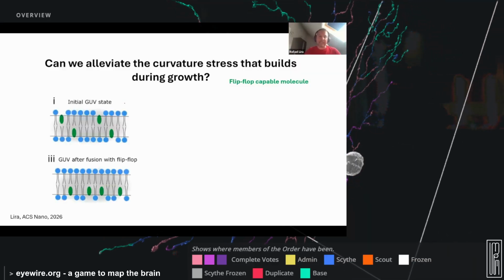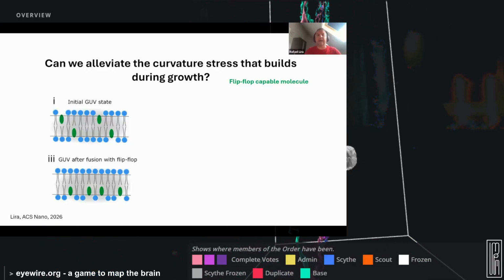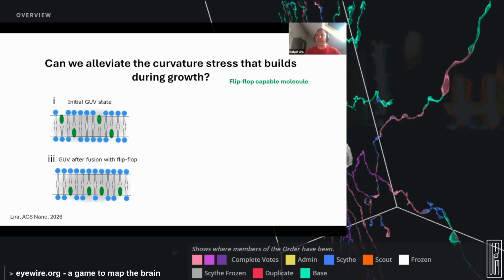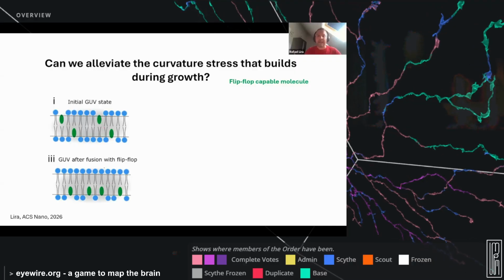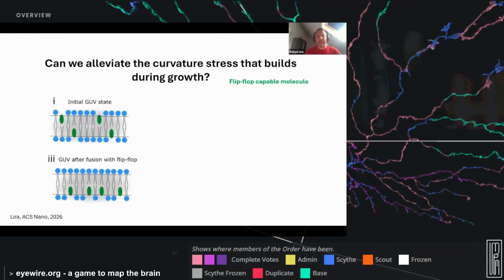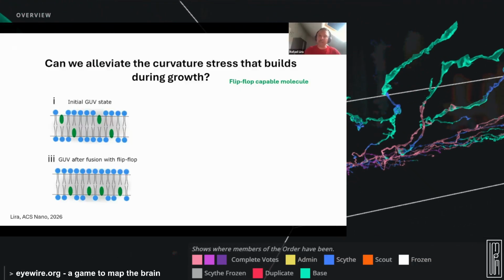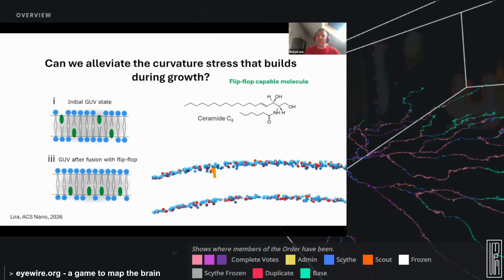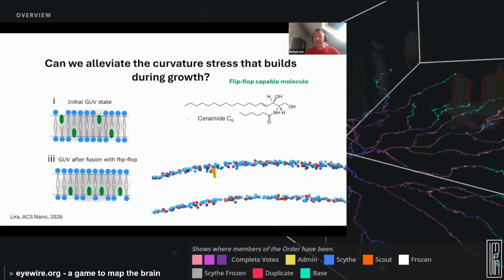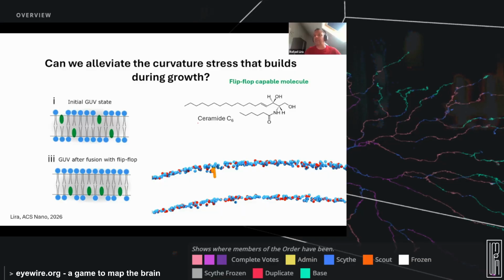So the situation that we expect is that the GUVs, which are initially flat, will have an equal distribution of these flip-flop capable molecules in both leaflets. However, after fusion, upon an increasing area, because of a higher number of lipids in the outer leaflet, these molecules will migrate spontaneously to the bottom leaflet, alleviating such asymmetries. For this, we use a small molecule that, like cholesterol, is presumably able to undergo lipid flip-flop.